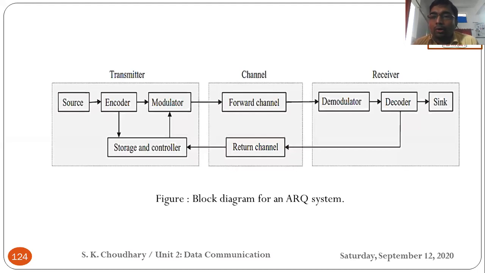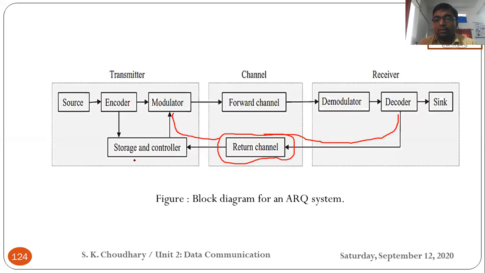As we are talking about the ARQ system, there is no error correction methodology available. So when it detects the error, it applies a feedback path. You can see in the diagram there is a feedback path. Through this feedback path, the return channel, it sends the information to the transmitter end.